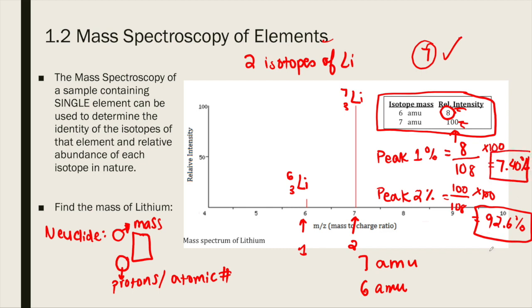So we can see, obviously, it proves our understanding that lithium 7 is more abundant than lithium 6. And if you look at lithium's mass in the periodic table, it is closer to 7 than it is to 6. All right.